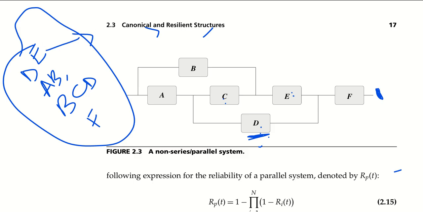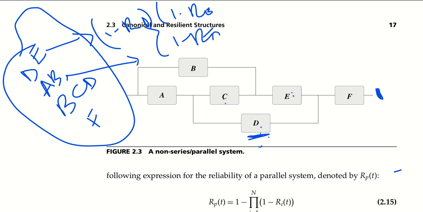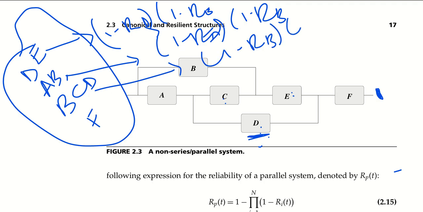So for example, the reliability of this one will just be 1 minus R of D times 1 minus R of E. That of this one will just be 1 minus R of A times 1 minus R of B. And that of this one will be 1 minus R of B, 1 minus R of C, 1 minus R of D, and this one will still be F.